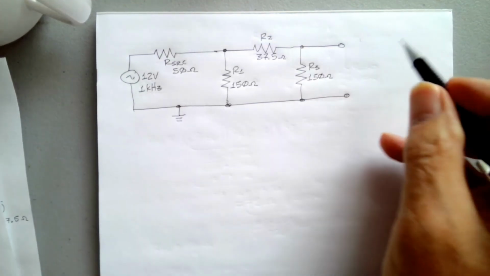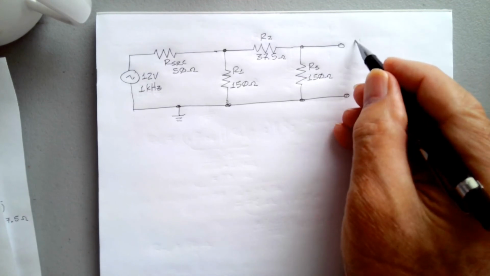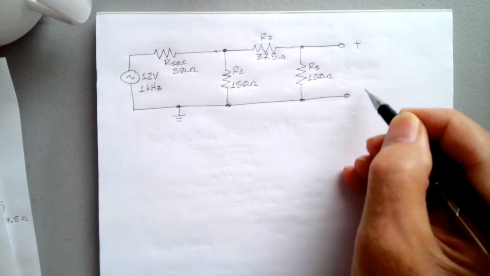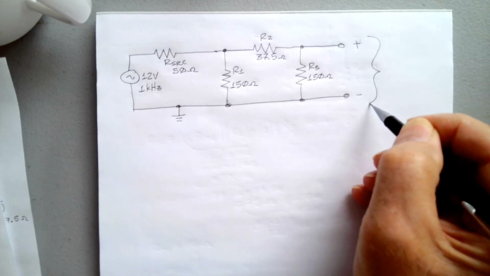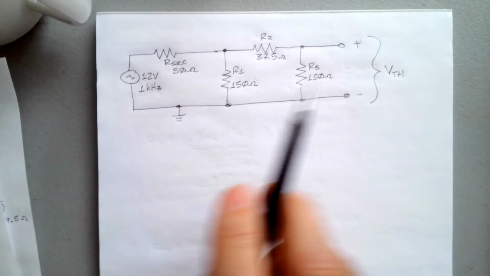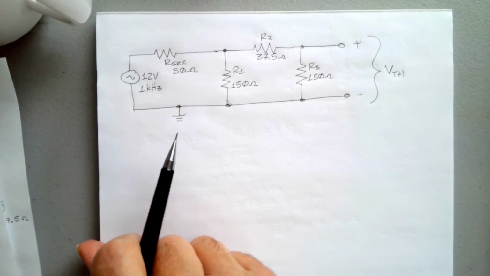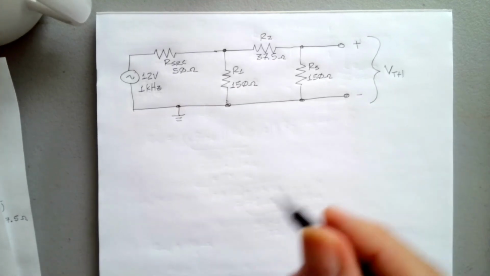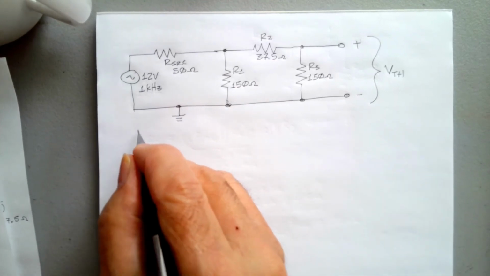This is the voltage we're trying to find right here. This voltage is going to be our Thevenin voltage. It's the open circuit voltage. So we have to solve this with the total resistance method.